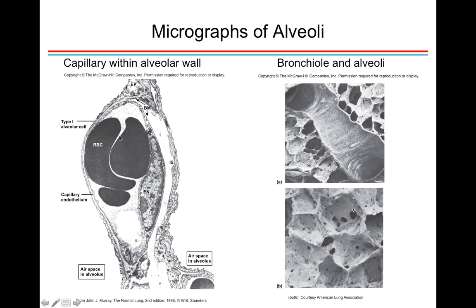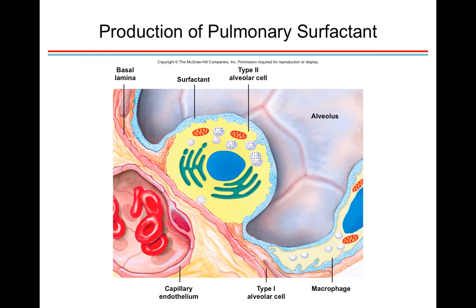And we see the red blood cells, we see the type 1 alveolar cell, and I just want to point out how close they are, right? That distance is very small, allowing the rapid diffusion of carbon dioxide and oxygen across the capillary wall and the alveolar wall.